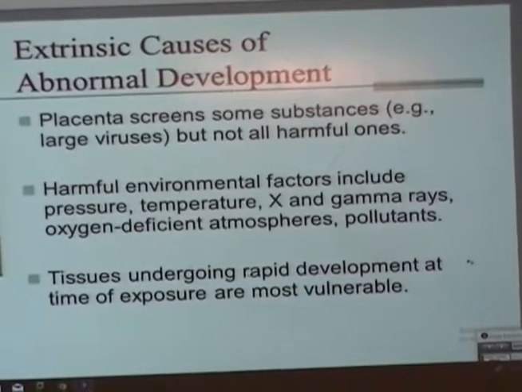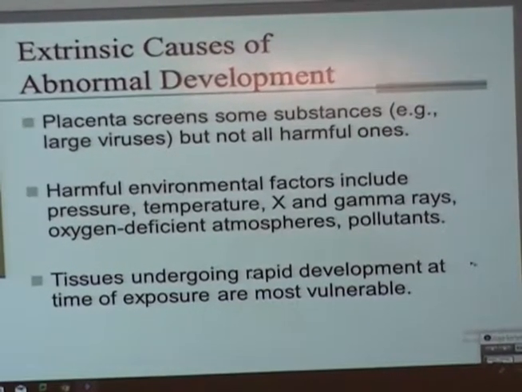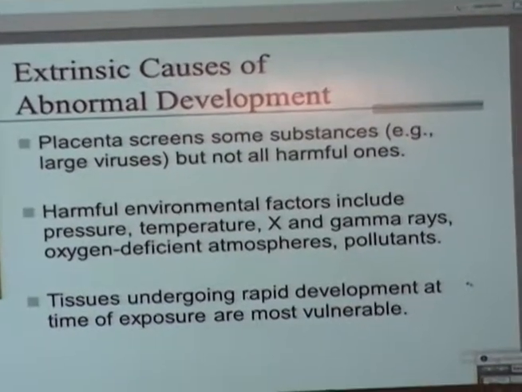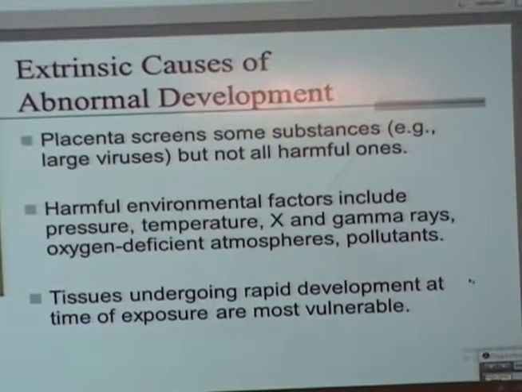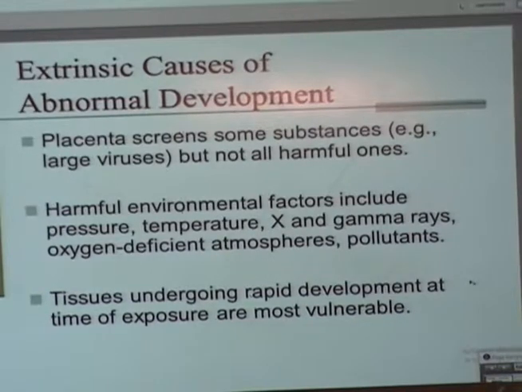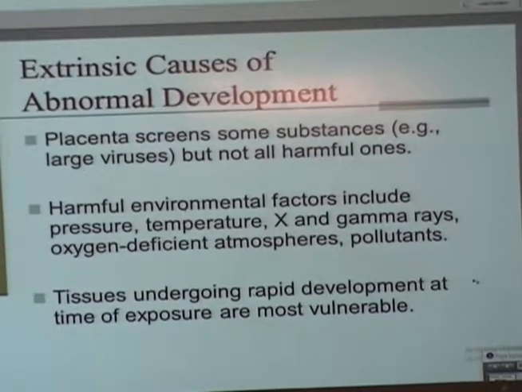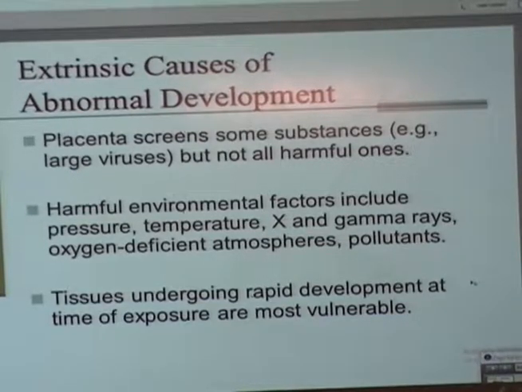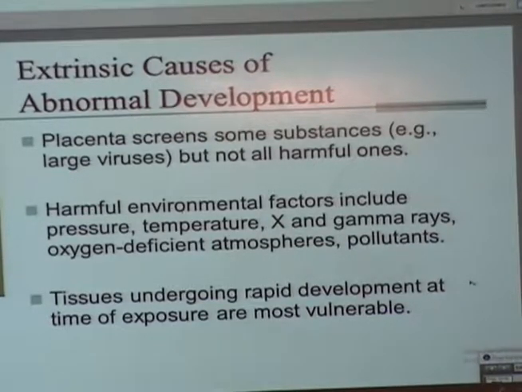But some viruses aren't large, some viruses are very small. Some drugs, the molecule in the drug that is harmful is not very large. So it can't screen everything that mum may be exposed to or may be engaging in.